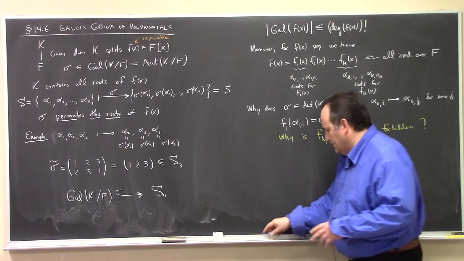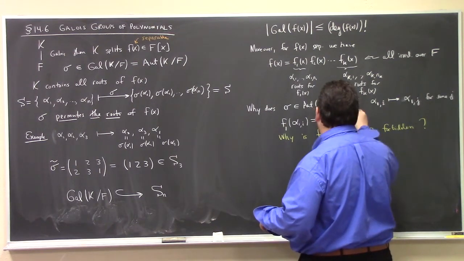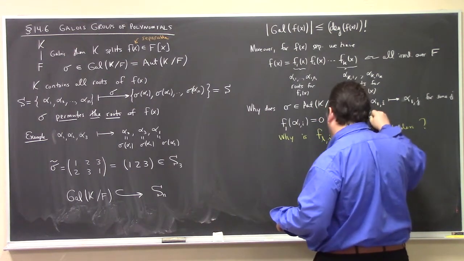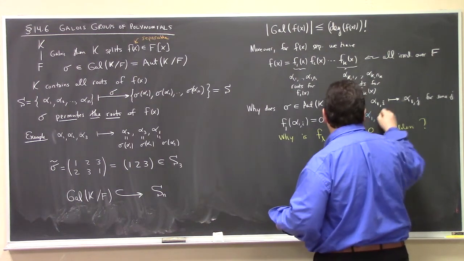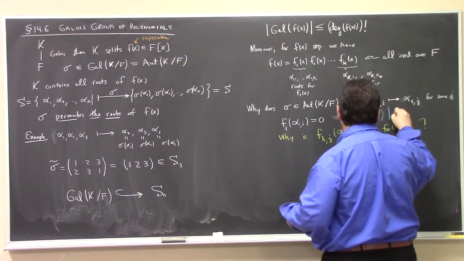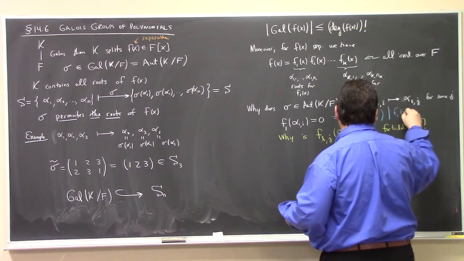This says that x minus alpha 1i divides f1 of x, right?